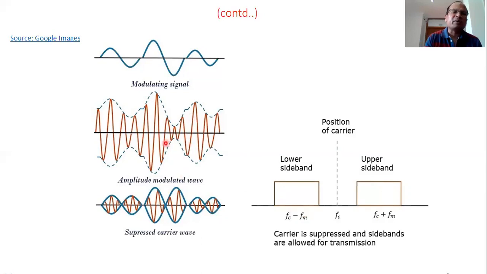Why is there a wave like this? The frequency is that of the carrier, because the carrier is still there in the amplitude modulated signal. But when we suppress the carrier, look at the message signal envelope. The positive side of the message signal envelope, follow my pointer, is actually your upper sideband.